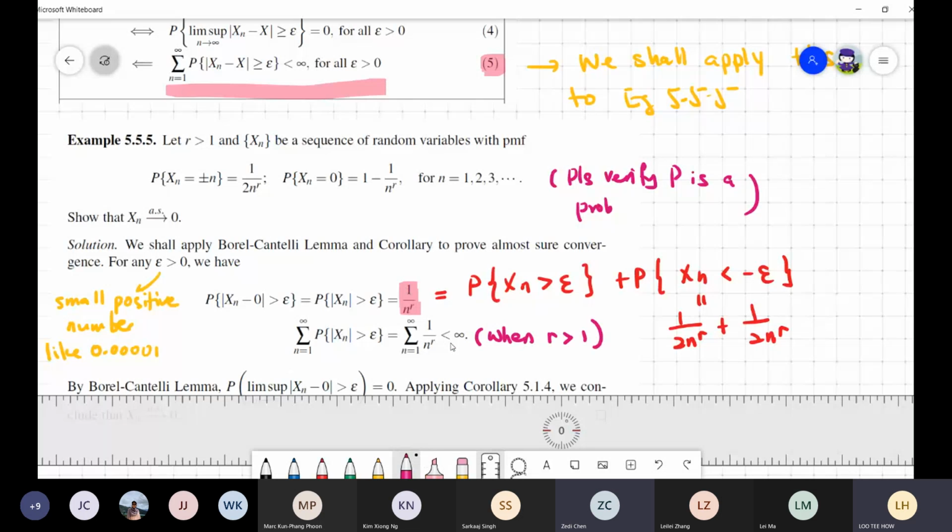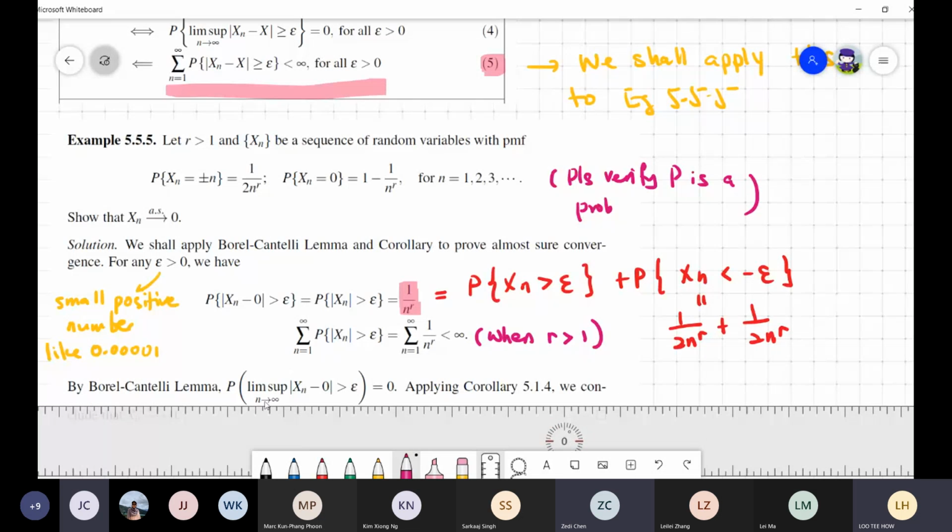Again, this is from calculus: when r is greater than 1, the series is always finite. So now this is less than infinity, then we can see this must equal 0, by using the Borel-Cantelli lemma.